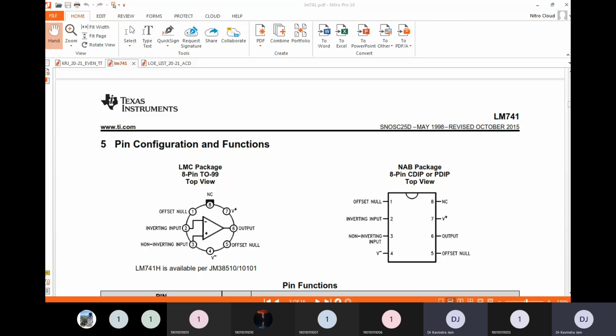As a result, pin number 4 and pin number 7 play quite an important role, as a constant voltage is to be provided to the circuit.